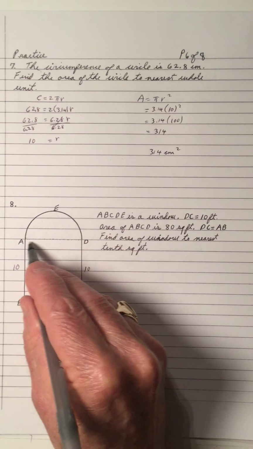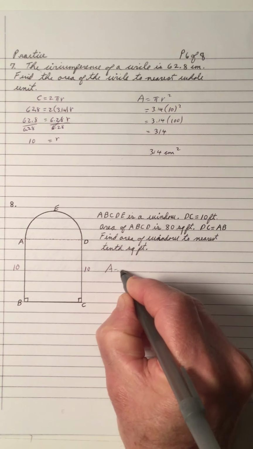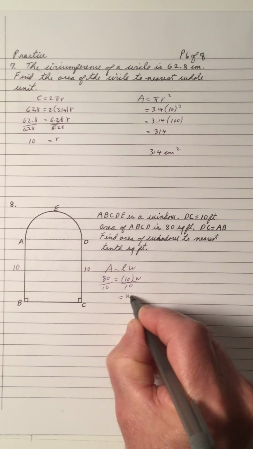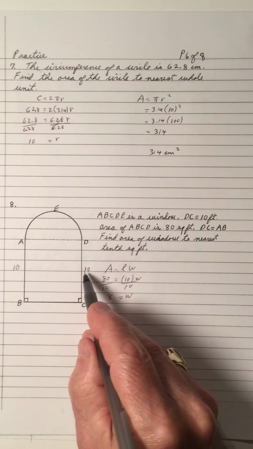ABCD is a rectangle when I join this. The area of a rectangle is length times width. The area is 80 and the length is 10. So what's the width? If you divide by 10, we can see the width is 8. So 10, and this is 8.